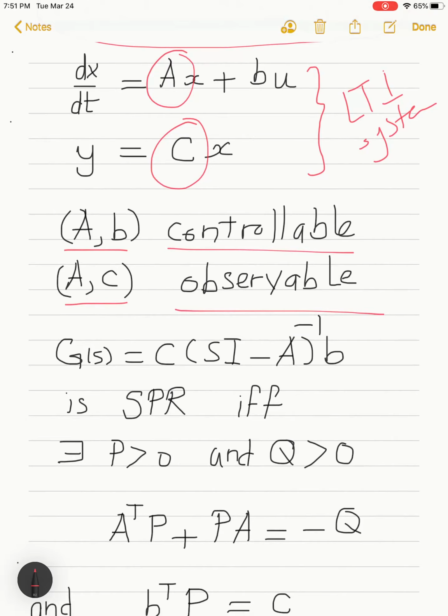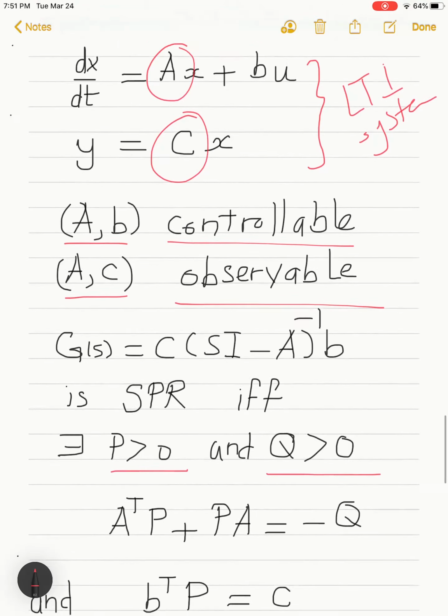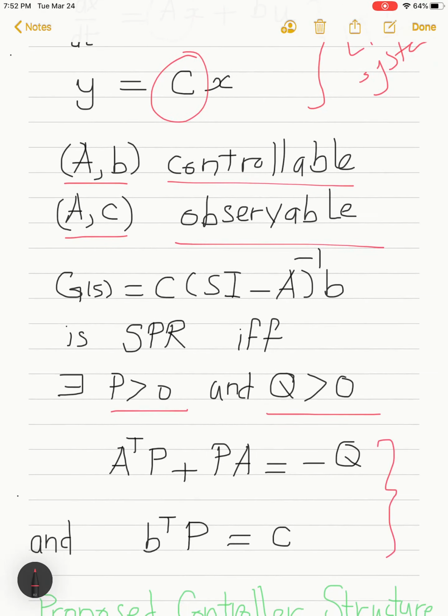If there exists a positive definite matrix P and another positive definite matrix Q such that these two conditions are satisfied: A transpose P plus PA equals minus Q, and B transpose P equals C.